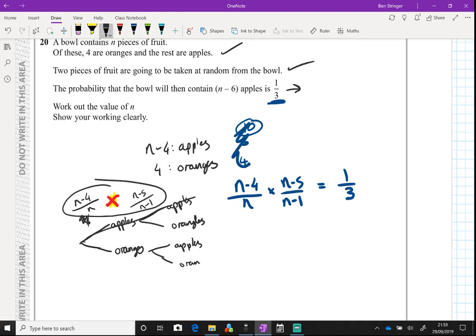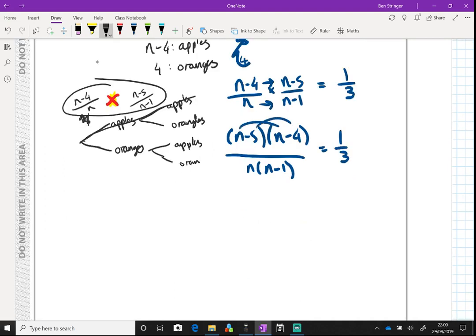Now we can solve this. Multiply the top part, multiply the bottom part. n minus 5 times n minus 4. It's commutative, so it doesn't matter with multiplication. Equals a third. Expand the bracket, smiley face on the top. Classic.